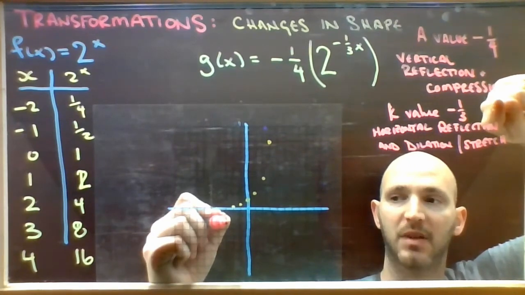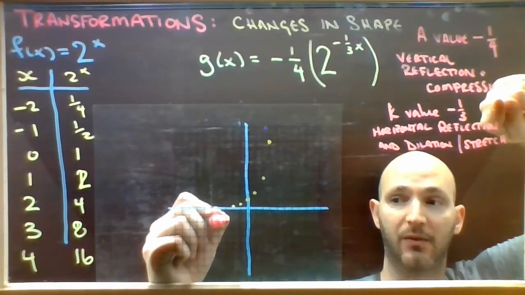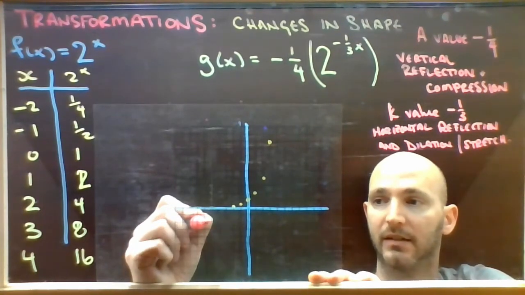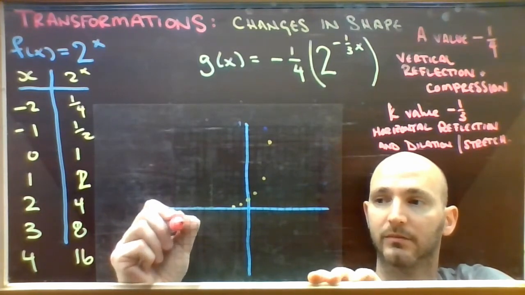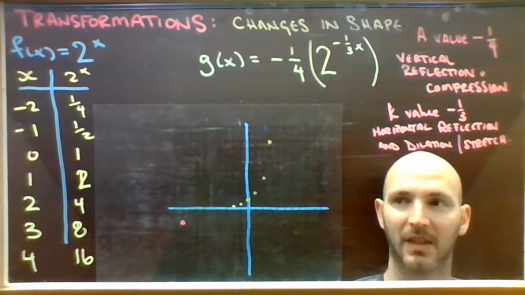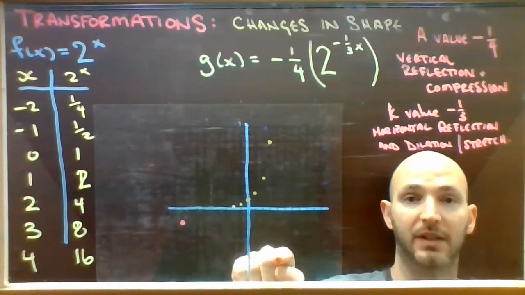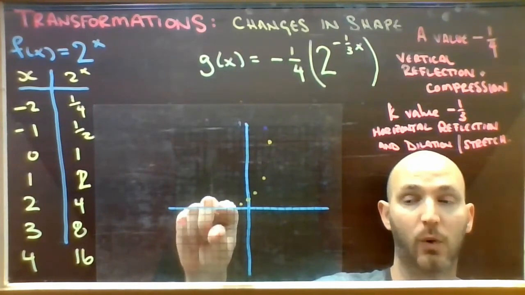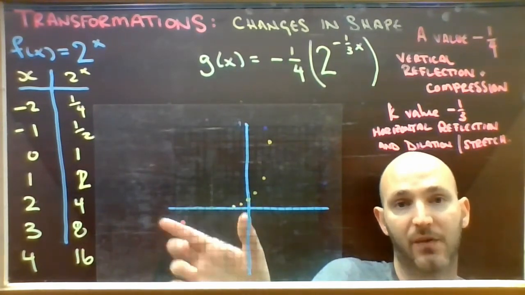And it needs to be blown 3 times further away from the axis than it used to be. So it is currently 3, so now it will be at 9. So, reflected vertically, reflected horizontally, made 1/4 as tall and thrice as far.